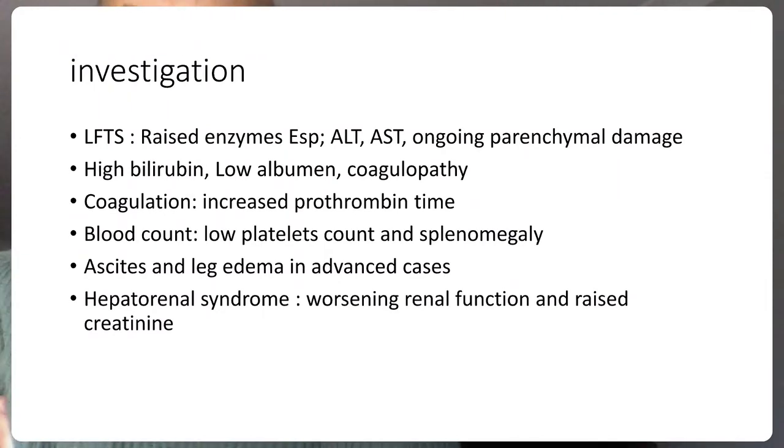And low platelets mean established portal hypertension, and the platelets being digested by the spleen as a result of the congestion. Also, we look for whether they have ascites or leg edema, and this will happen in advanced cases of liver cirrhosis and portal hypertension.